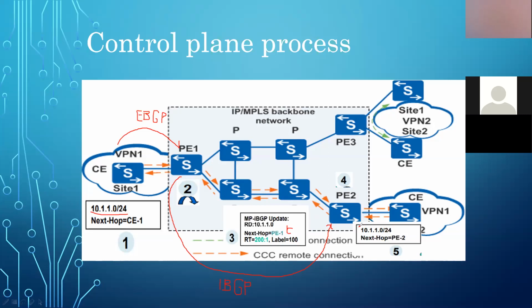PE2 will receive the packet and will check the route target 201, and whether it is locally configured in the VPN, which means the VPN will be configured here and here. As you can see, it's already written here, VPN1, VPN1. They will be configured in this and in this provider edge device.